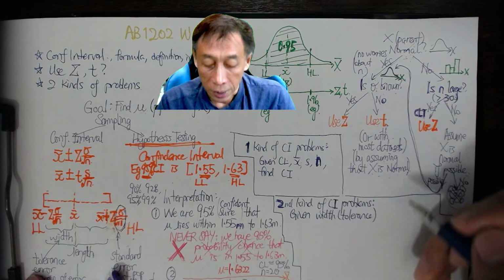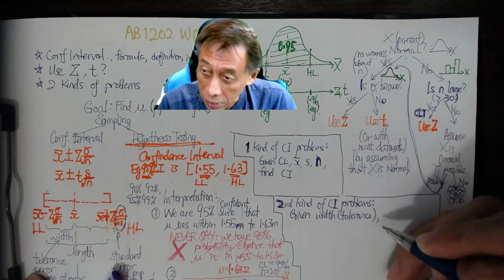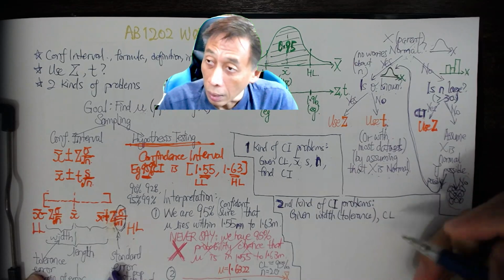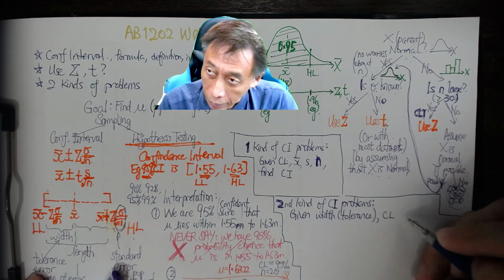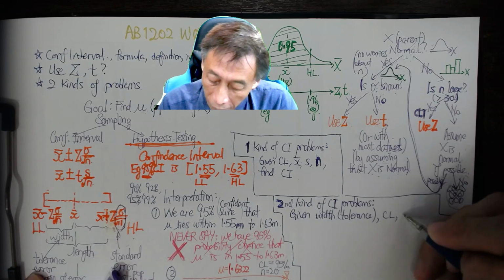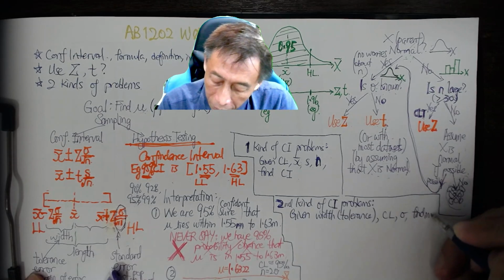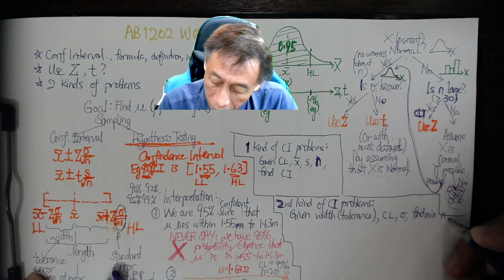Given the tolerance, the confidence level, and the sigma, find the minimum sample size n.